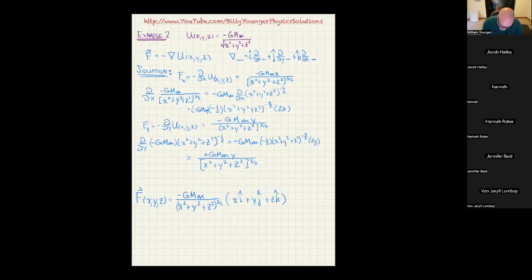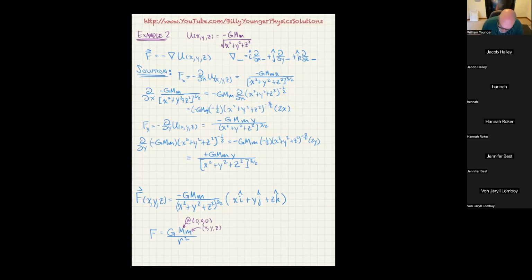Remember, the force of gravity was F is equal to GMM over R squared. But if you wanted to make it a vector, let's imagine the actual mass. Let's say, imagine this big M is at 0, 0, 0, and this one's at X, Y, Z. If that's the case, then we want the vector to point towards the actual origin from that point.